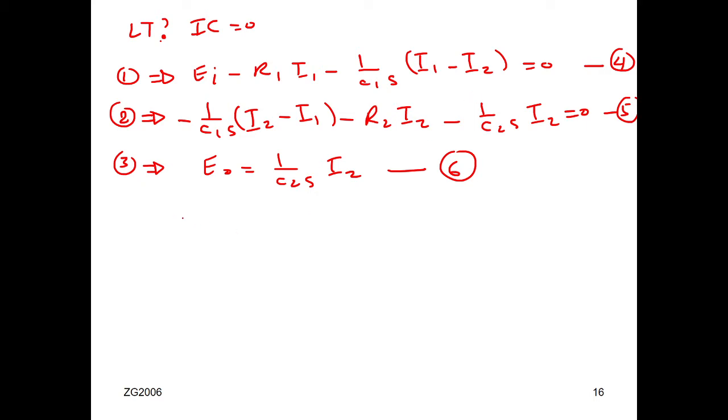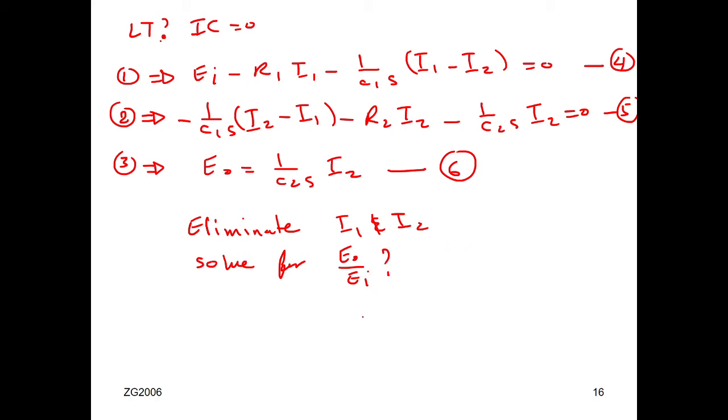So we need to eliminate I1 and I2 and solve for E out over EI, the ratio.